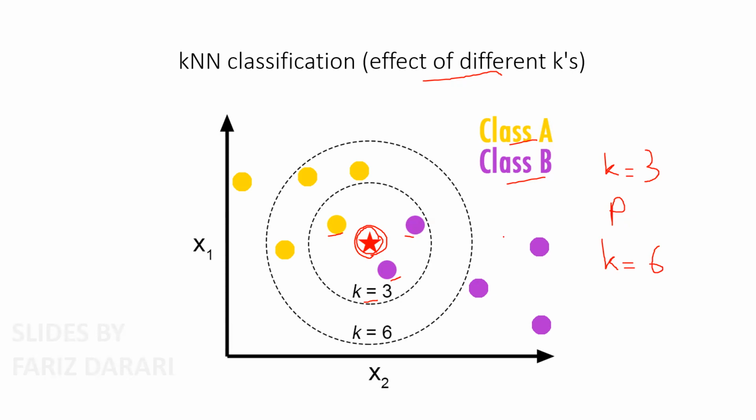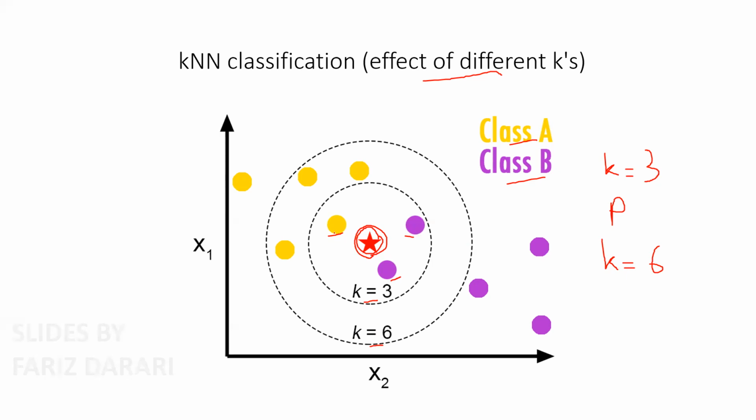Let's see if we might have a different classification result. Okay, so now suppose that k equals 6. We want to get the 6 nearest neighbors, right?